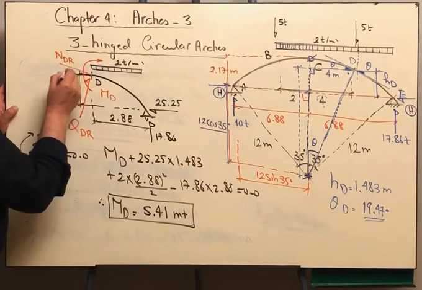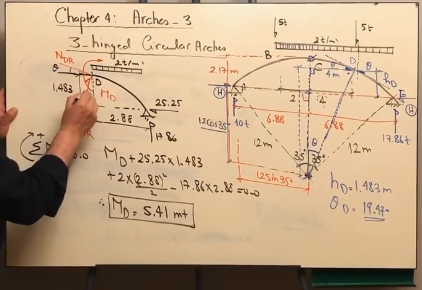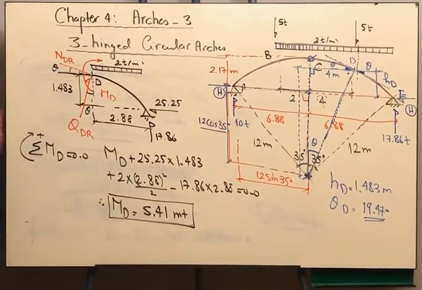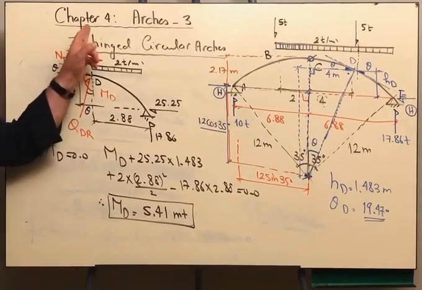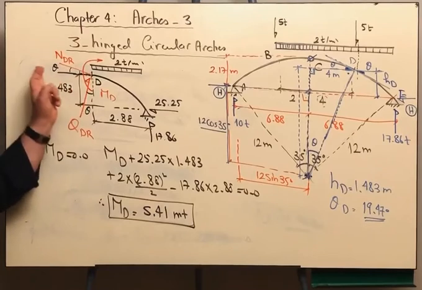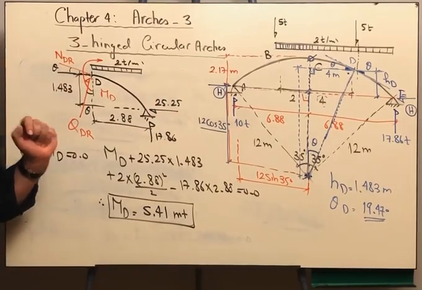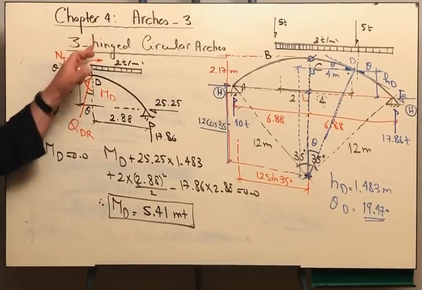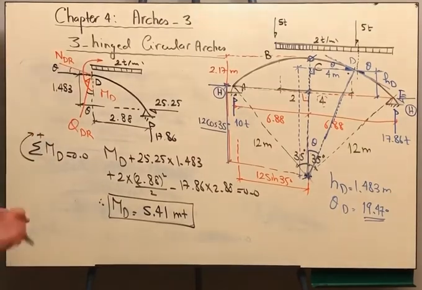Here you will have to get the component of theta, the component of N D right, and also the component of Q D right. Or instead of taking the forces in the vertical and horizontal direction, to avoid solving two equations in two unknowns, we can sum the forces along the shear and along the normal force so that we can get one equation in one unknown.